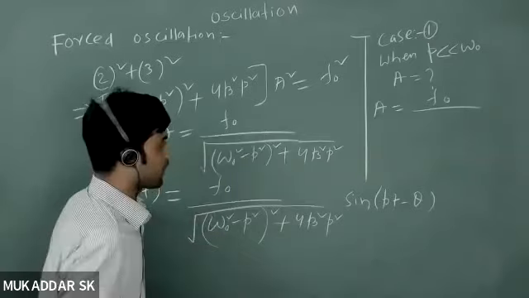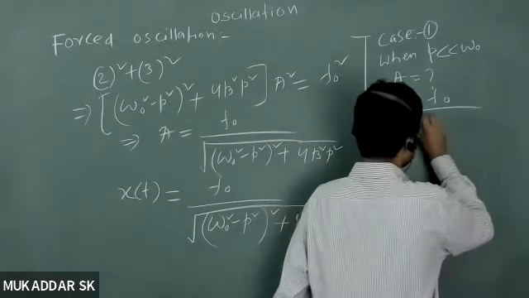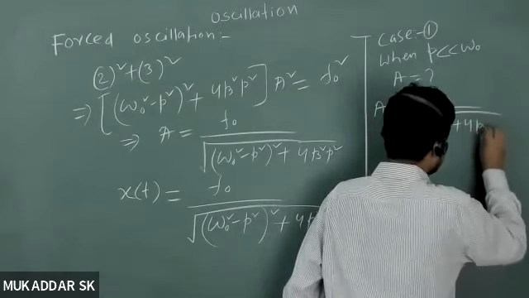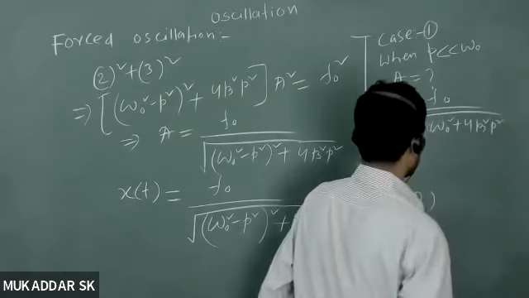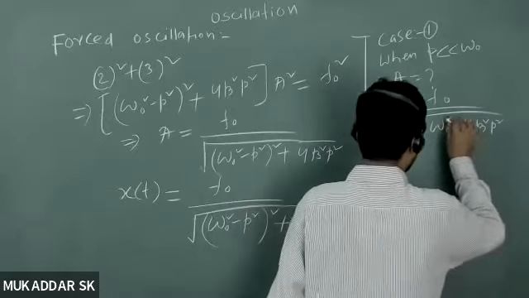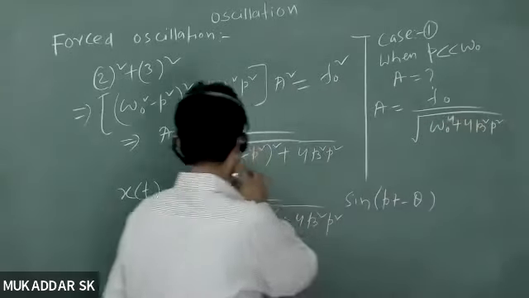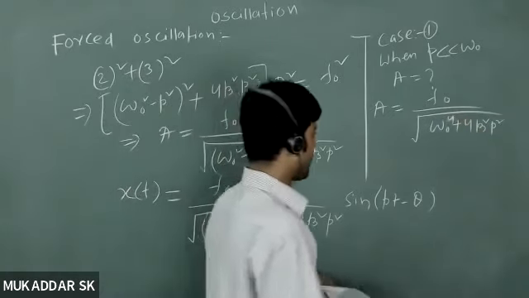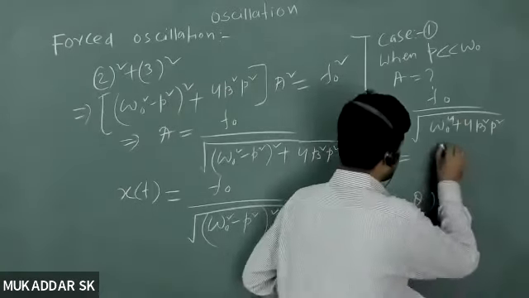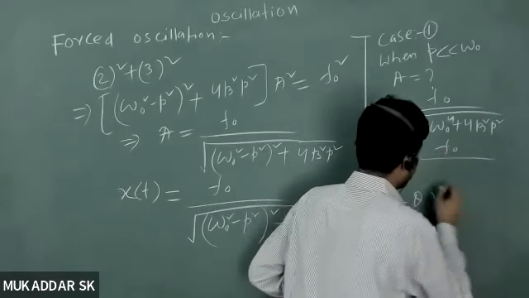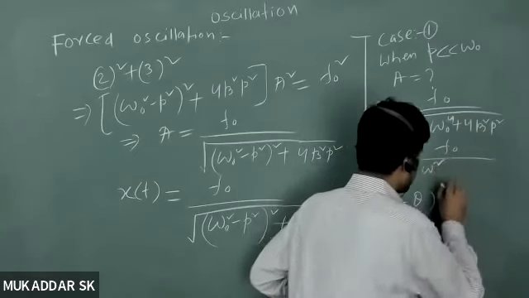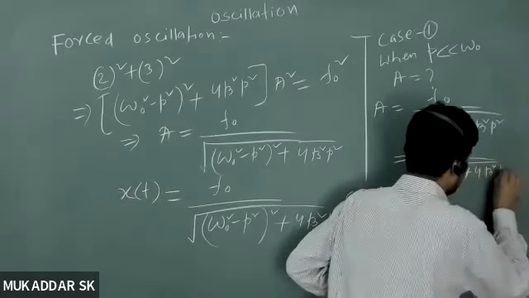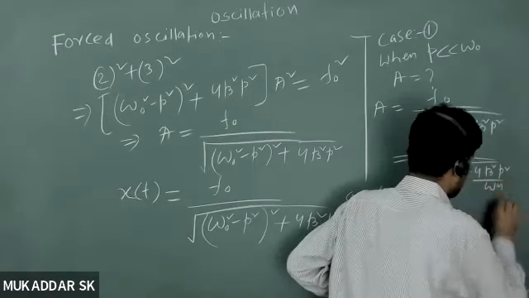So in that scenario, I can write omega naught square plus 4 beta square p square, right? Not omega naught square, it will become omega to the power 4, because omega square whole square will be omega to the power 4. Now if I take omega to the power 4 common, it will become f naught divided by omega square root of 1 plus 4 beta square p square divided by omega to the power 4.